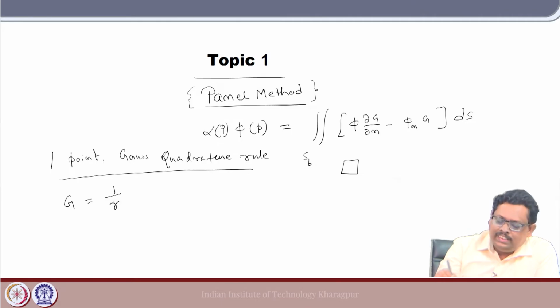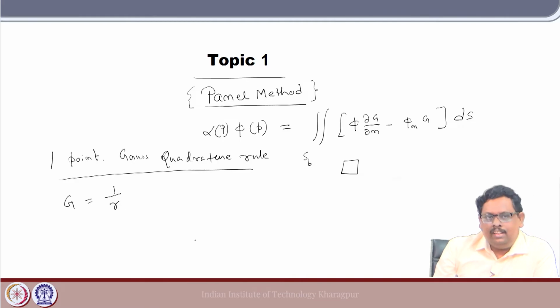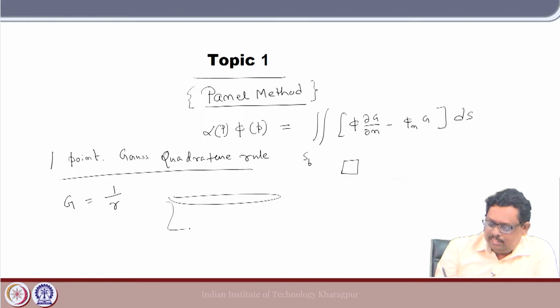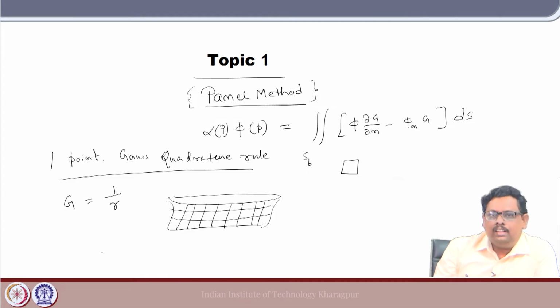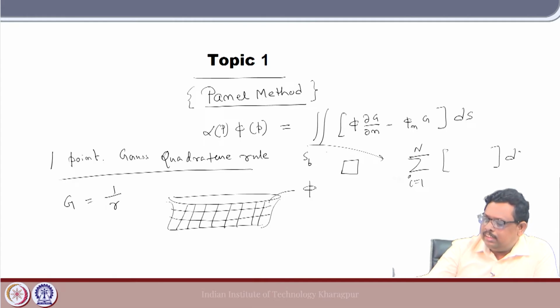Through this exercise we learn how I can split any surface with a series of small panels, how we distribute phi over each panel, and how I can write the integral equation in summation form, like i equal to 1 to n, into dsi.